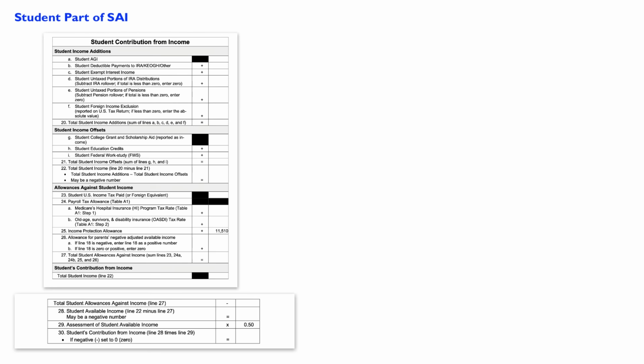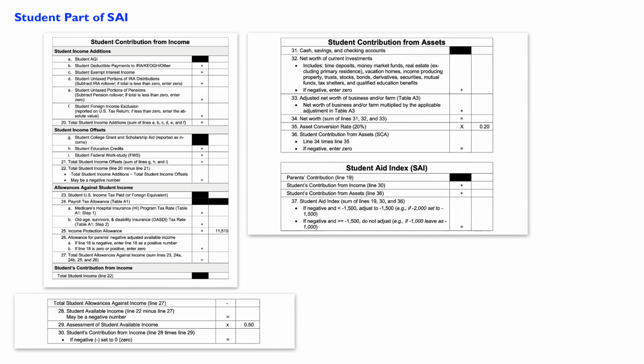Now, for the student contribution, we do the same thing, but with much higher assessment rates. The student income, starting with the AGI, is adjusted with some offsets and allowances, and then it's assessed at 50%. The student assets are combined and assessed at 20%, which is way higher than the 12% for the parents.